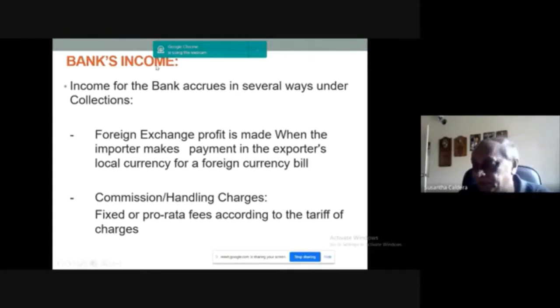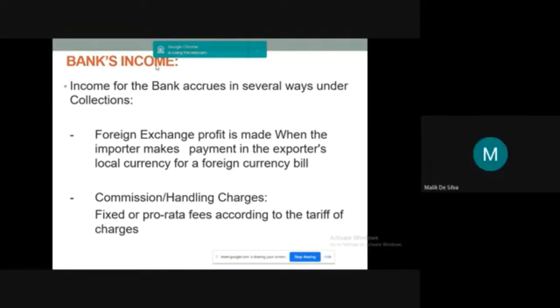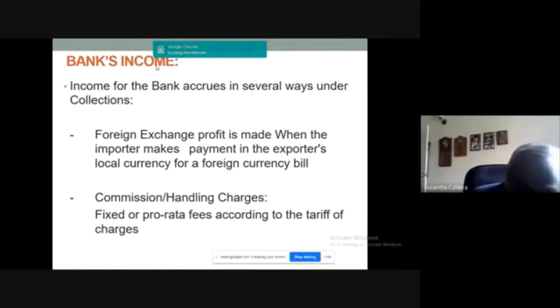Any other income you can suggest? Are there any other commissions you are charging or any other income to the banks? Handling charges. I have mentioned commission and handling charges.